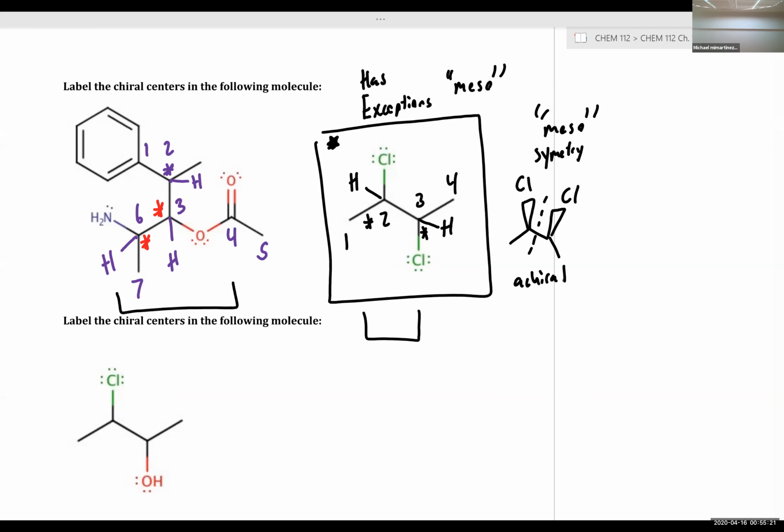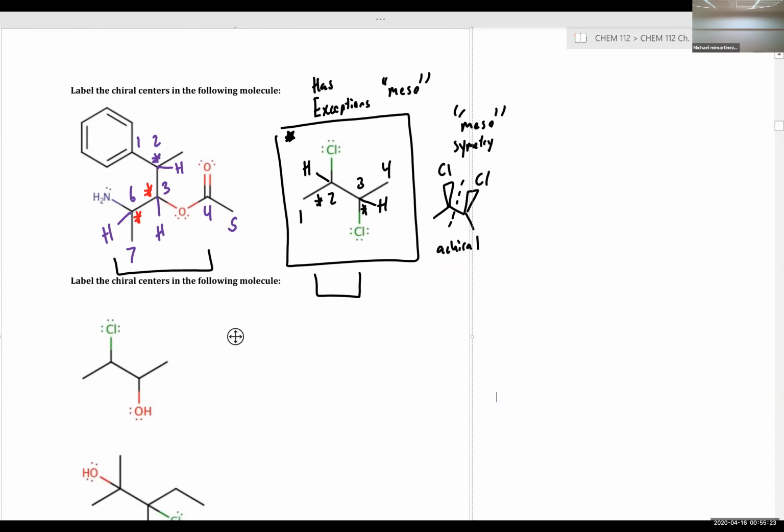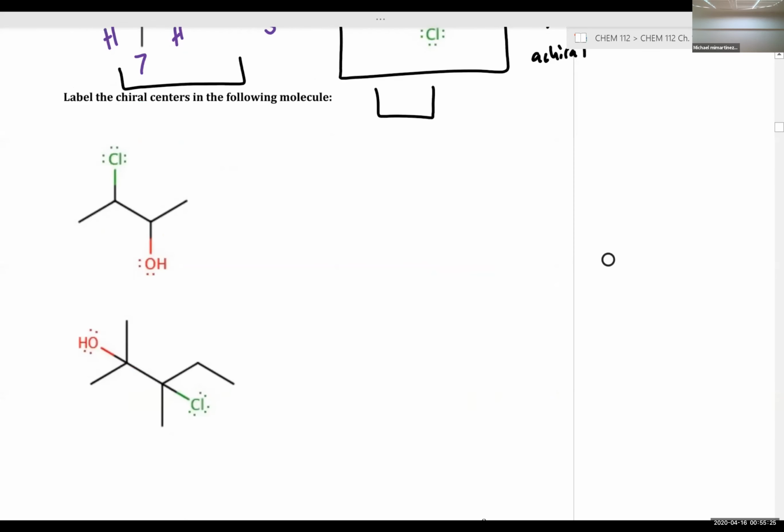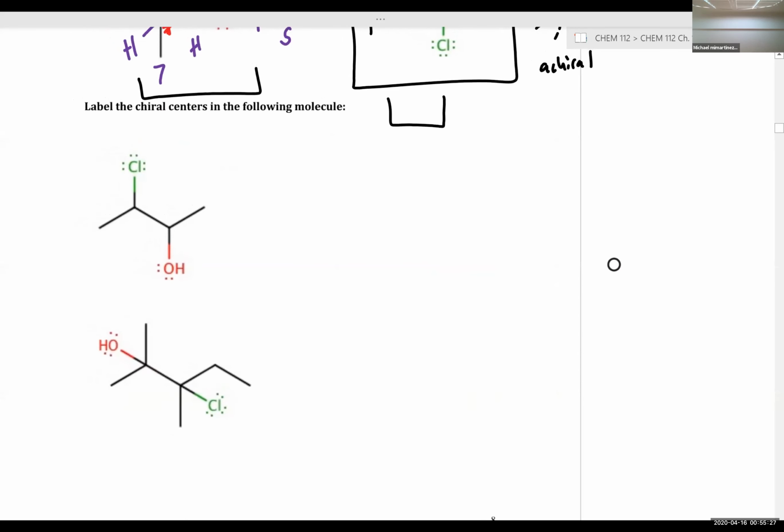Okay, perfect. So let's look at the following pair of molecules and let's label all the chiral centers. So I'm going to label this A and B. And I'd like you to type in the chat your responses for, let's start with A. What centers are chiral in A?